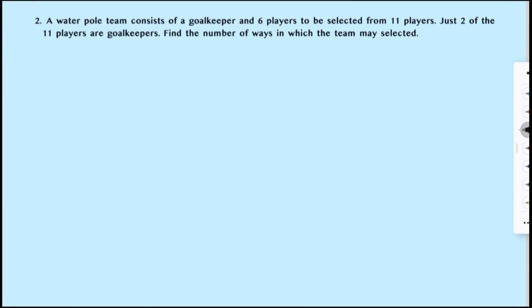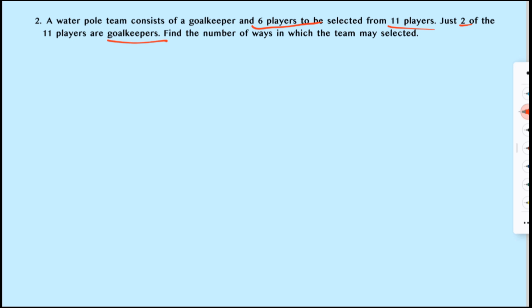A water polo team consists of a goalkeeper and 6 players to be selected from 11 players. Just 2 of the 11 players are goalkeepers. Find the number of ways in which the team may be selected. Okay, so we have 6 players to be selected from 11, but now they say 2 of them are goalkeepers.